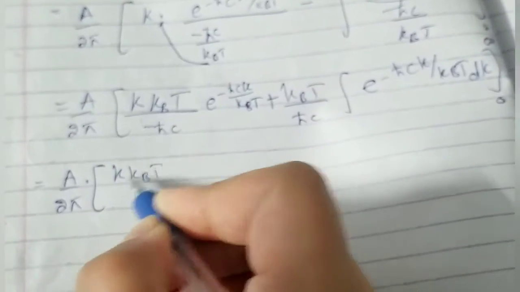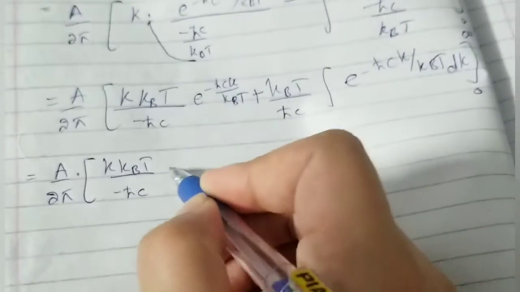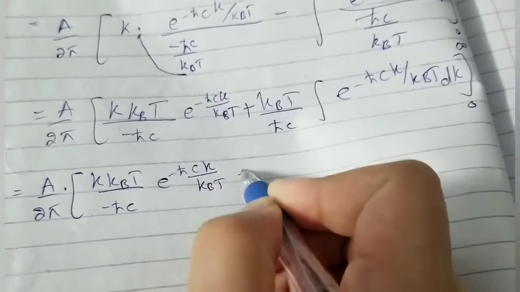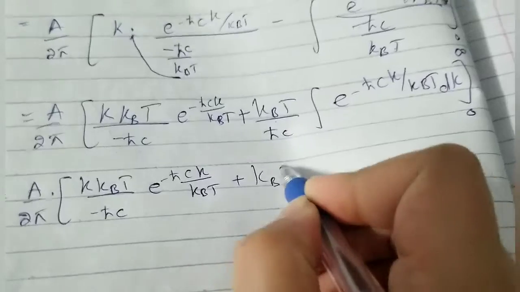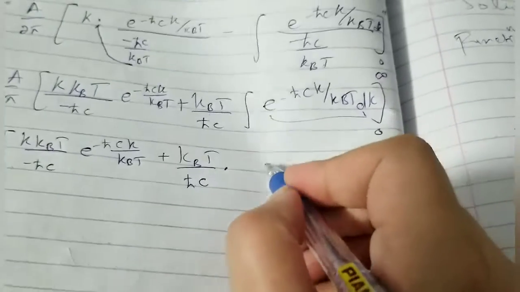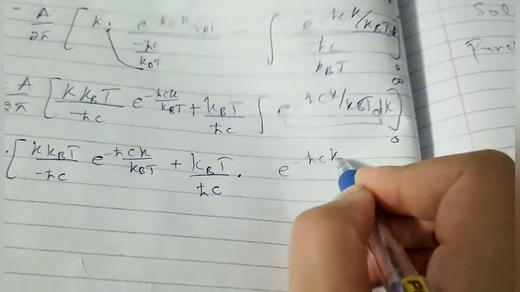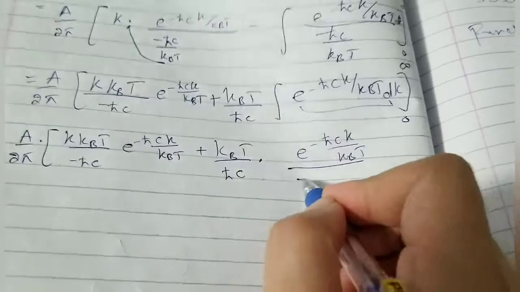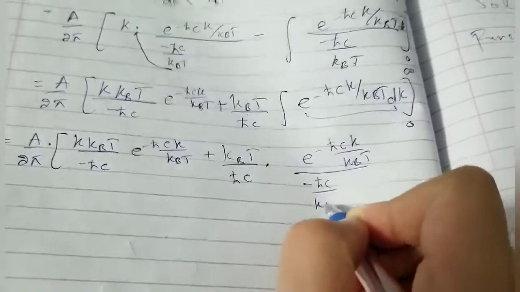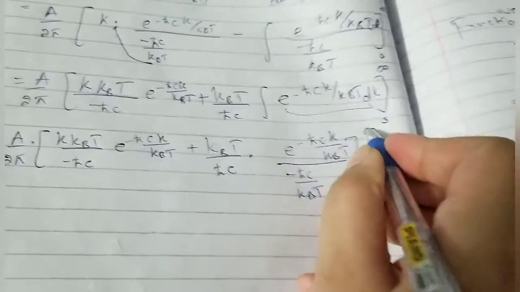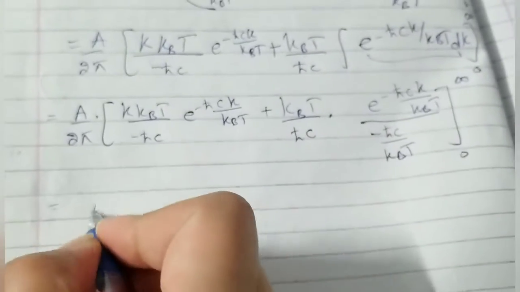k_B T, minus ħc, e to the power minus ħc k by k_B T, plus k_B T by ħc. Integration of this is again what we have done before. A similar result will be obtained. We will get minus ħc by k_B T in the denominator, and limits of integration from 0 to infinity.